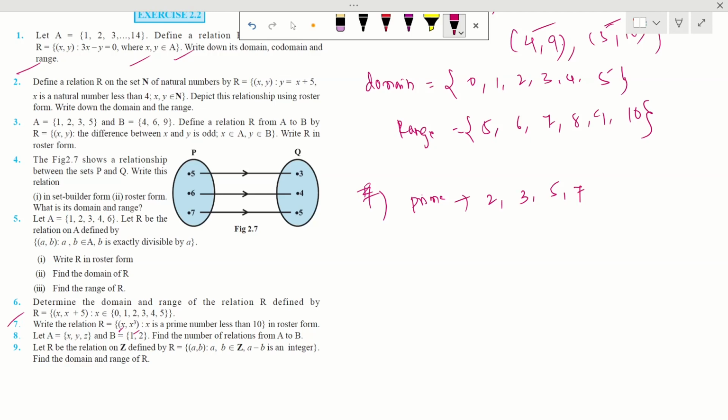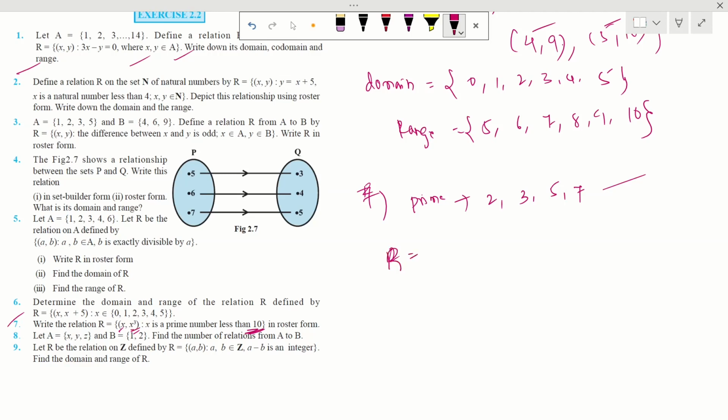The condition is less than 10, so only 2, 3, 5, 7 are the prime numbers. Then, according to this condition x cube, we have to write the relation.